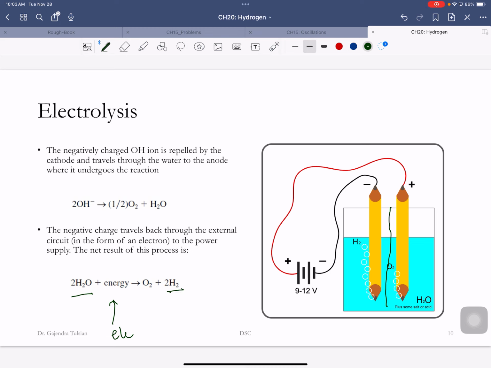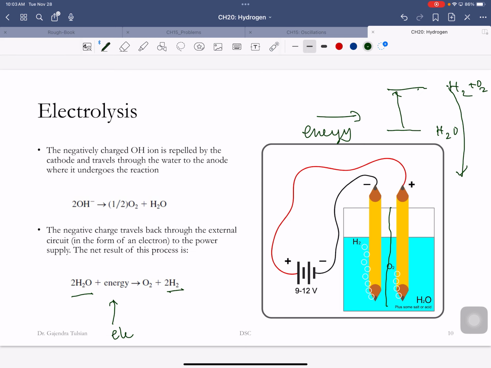So here's another way to look at it. From an energy perspective, water is in a lower energy state, hydrogen is in a higher energy state. You provide energy and you went from here to there. And then whenever you want to use this energy, you can burn it or produce electricity using that and get the energy back.